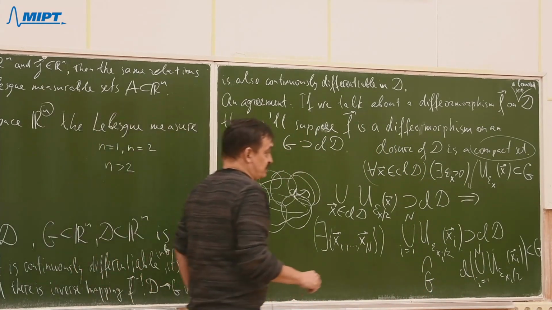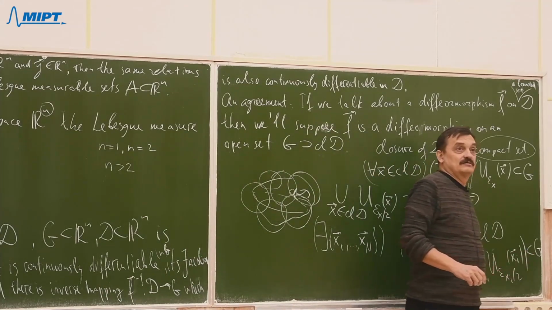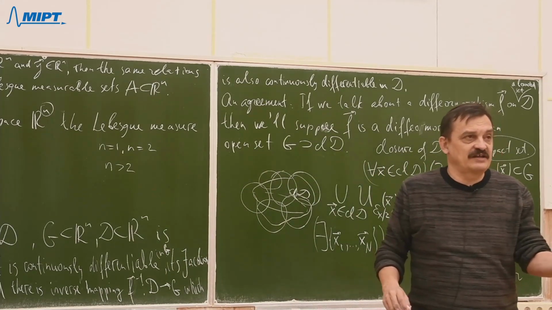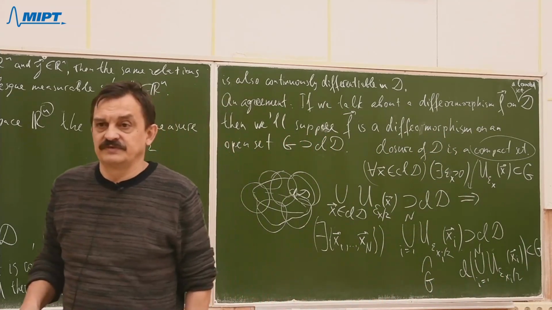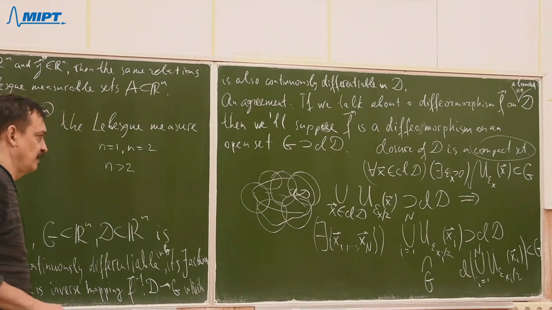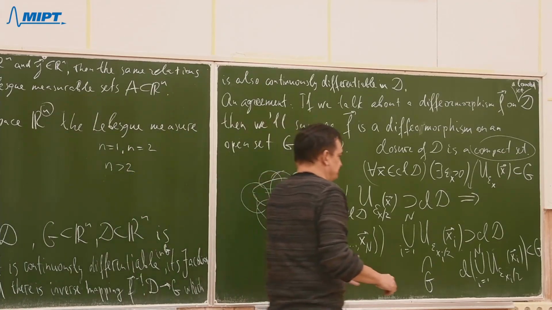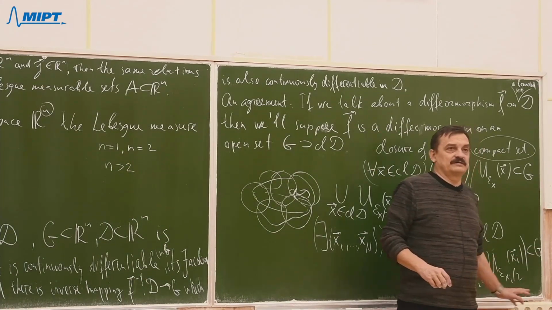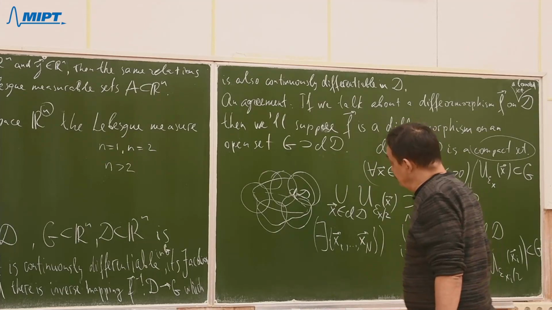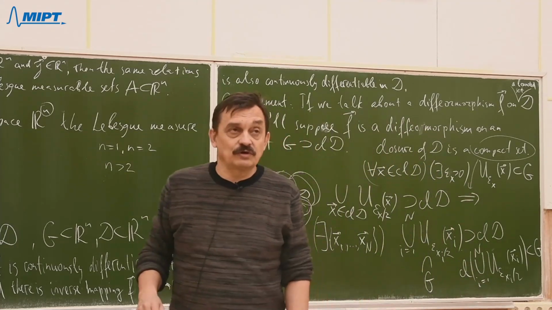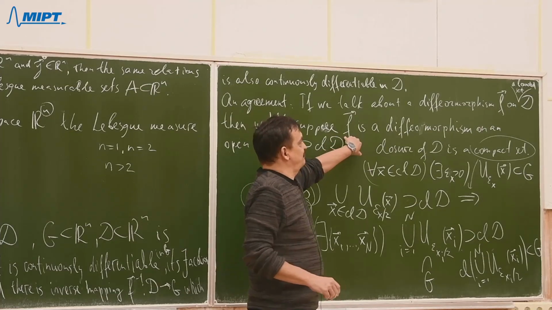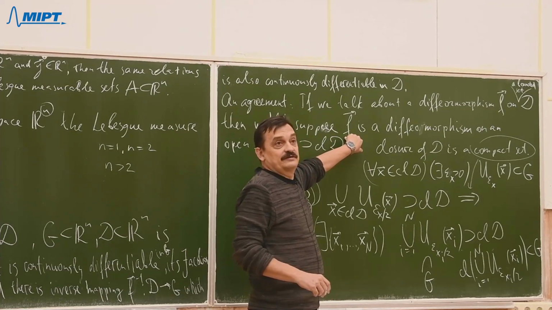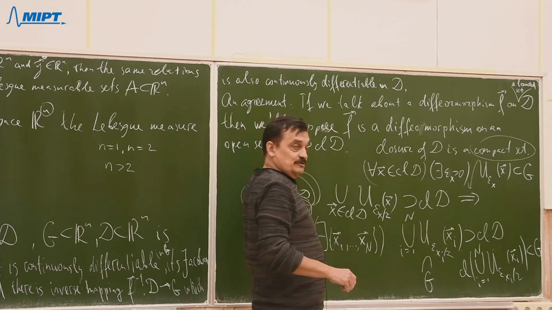Of course, that is a bounded set. Why is it bounded? We have a union of finitely many balls. That is a bounded set, so that is compact, right? And then we suppose F is a diffeomorphism on G, right?